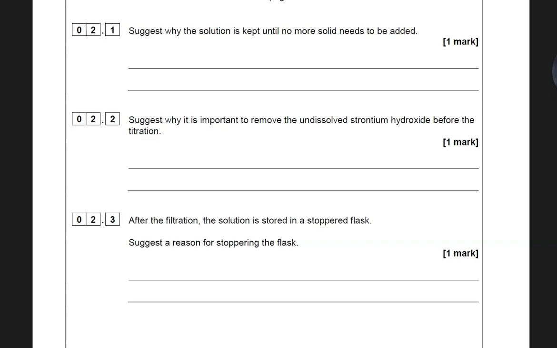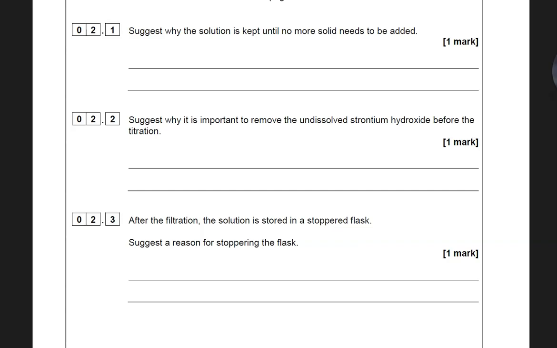Next part of the question 2.3. This reads, after the filtration, the solution is stored in a stoppered flask. Suggest a reason for stopping the flask. Again, like the previous two, this is for 1 mark, so we don't need to go to great details in answering this. Okay, so why do you stopper the flask at that point? What could happen to the solution?